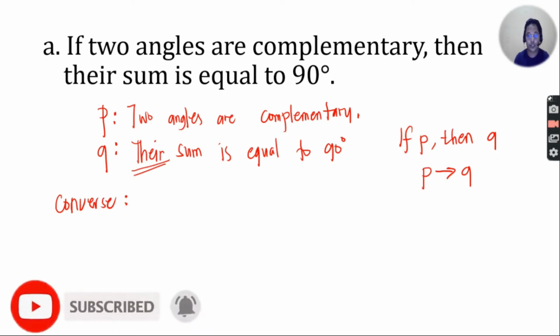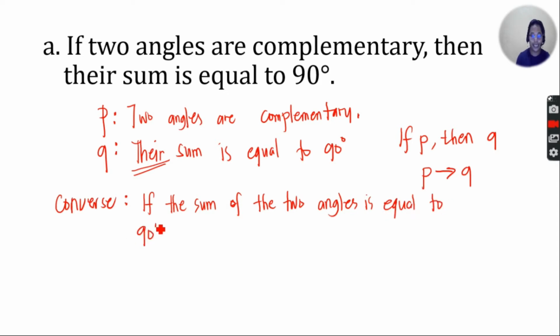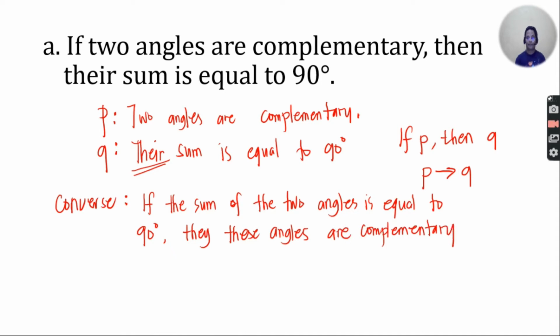To write or to transform the conditional statement into converse, we are going to reverse the hypothesis and the conclusion. So, magiging if the sum of the two angles is equal to 90 degrees, then these angles are complementary po.